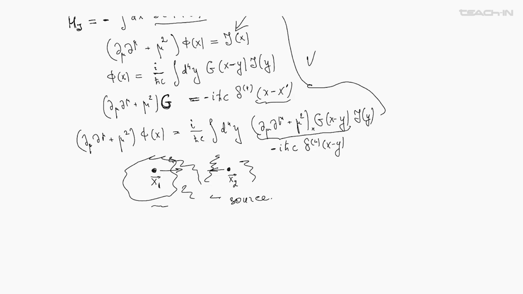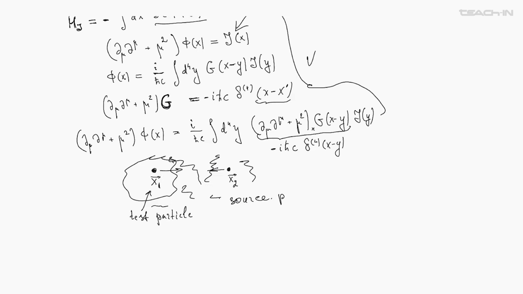And this particle, which finds itself under the influence of the scalar field, we will consider as a test particle. So we have a source particle and we have a test particle.